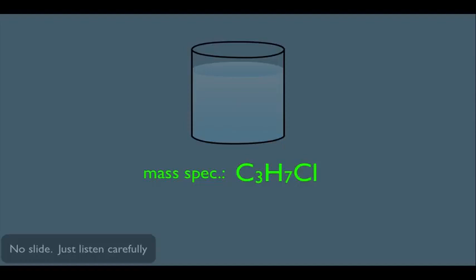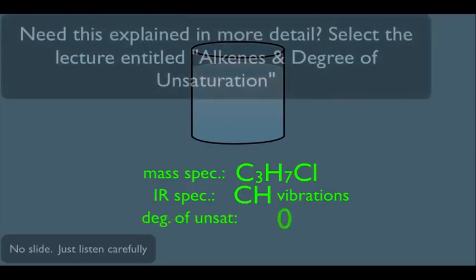Let's say we also run it in the IR spec machine, and the IR spec tells us that we see a lot of CH vibrations. Of course, because there's a lot of CH bonds in our molecule. Remember, we also learned how this machine works in a previous online lecture. And notice, if we did a calculation on the degree of unsaturation of our sample, the degree of unsaturation is 0. We talked about how to do this also in another online lecture.